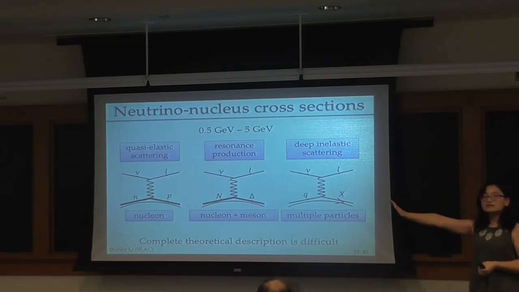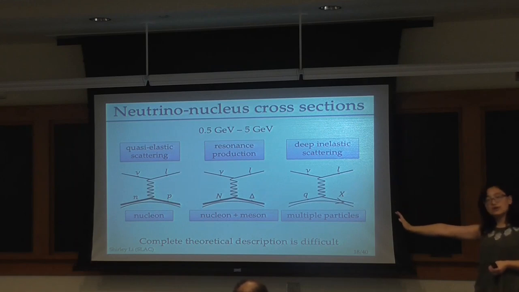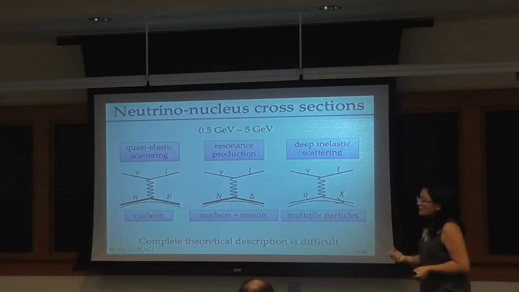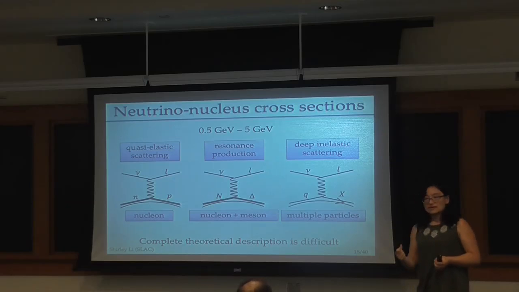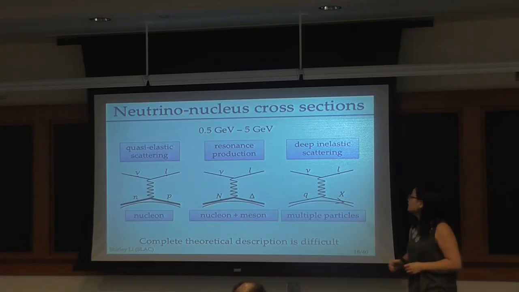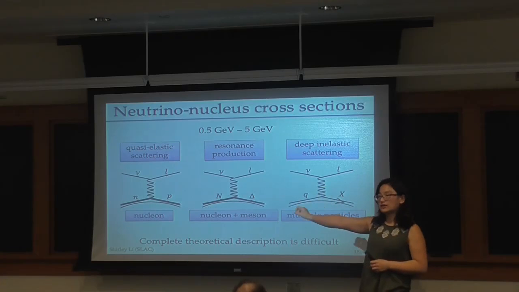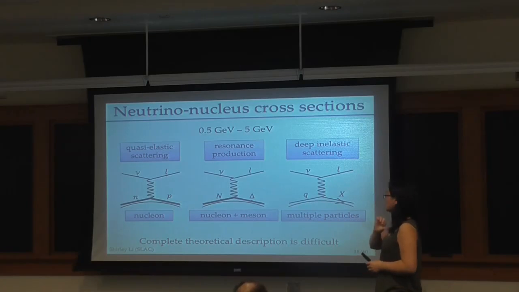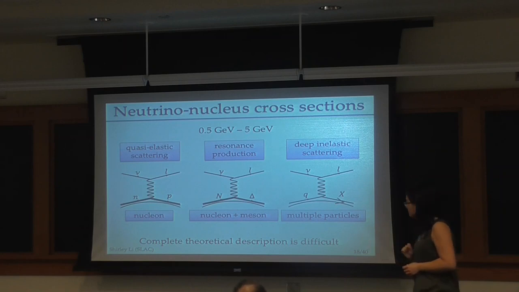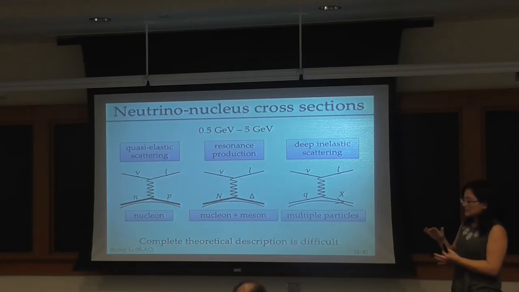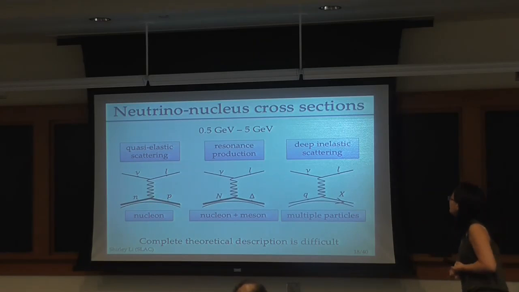At the very low end, between 0.5 GeV and about 1 GeV, it's in the regime of so-called quasi-elastic scattering, meaning that you can roughly consider the system to be a neutrino interacting with a nucleon in argon, where the nucleon can stay intact. So this is essentially a nuclear physics problem.